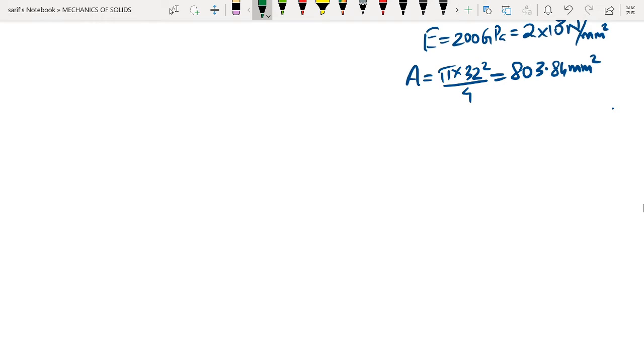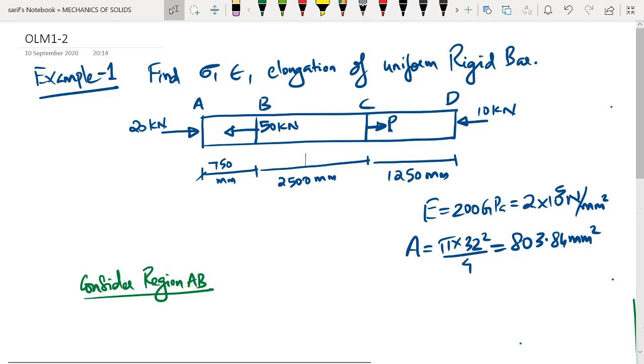So the first thing we will do is we will consider the region AB. Now before we do that, in the question an unknown force is given, that is the force P, which is unknown. So we have to find this force P. To find P you have to take horizontal equilibrium of this particular bar.